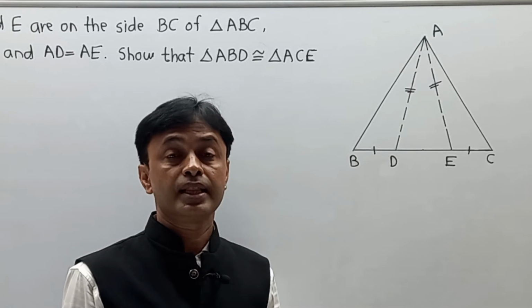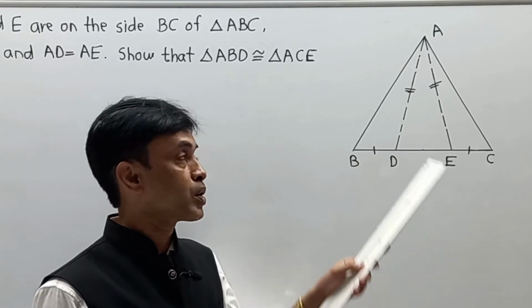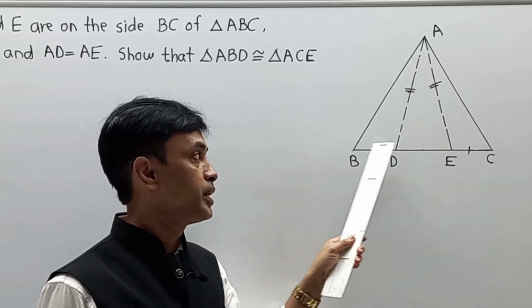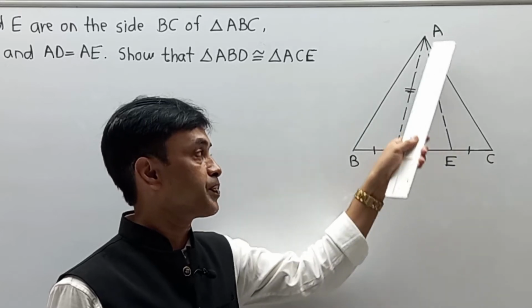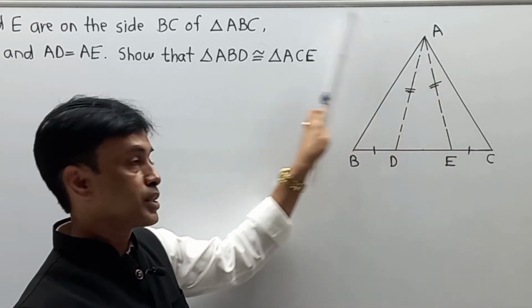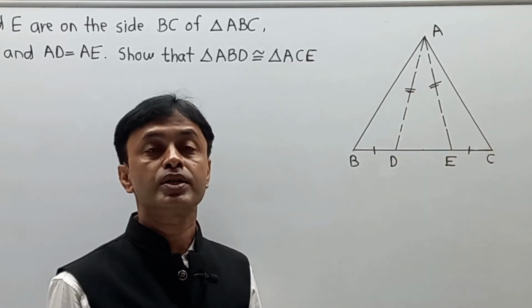Now they have given a combination in a diagram, and you should understand it one part at a time. We have to show that ABD is congruent to ACE, meaning this side triangle and this side triangle are congruent.